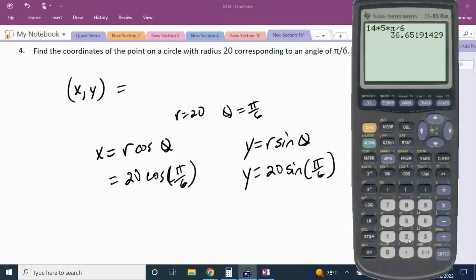So the x coordinate is 20 times the cosine of pi over 6, which is 17.32.